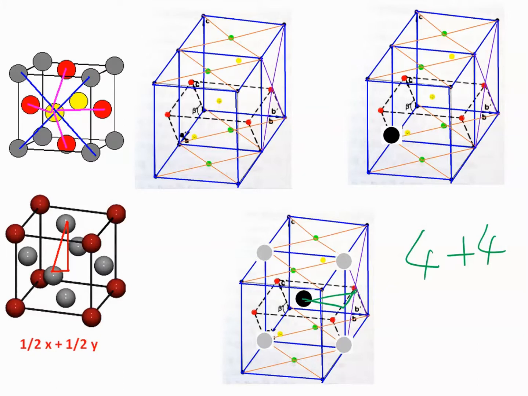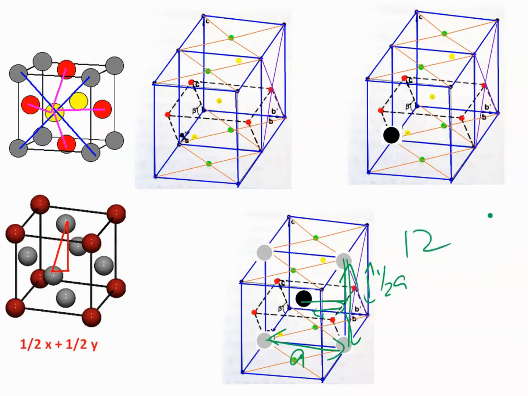Then this is the last 4. Here to here is A, so here to here is half A. They all have the same nearest distance, so you have 12 nearest neighbors.